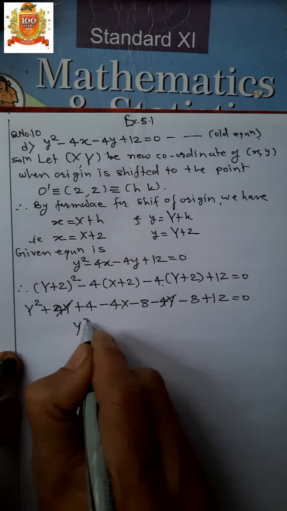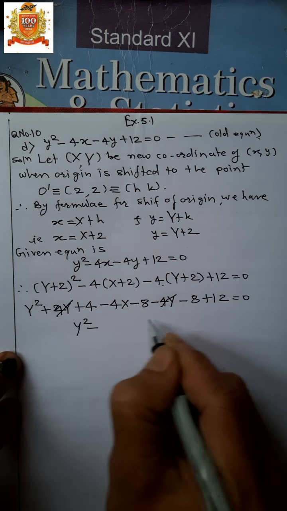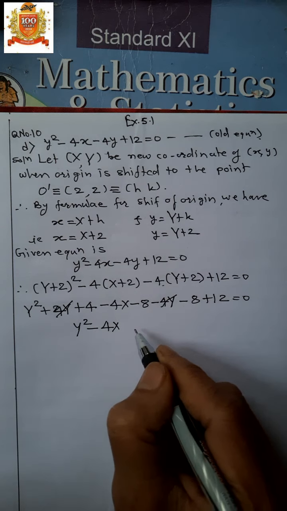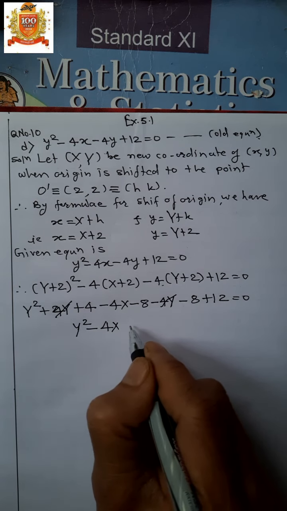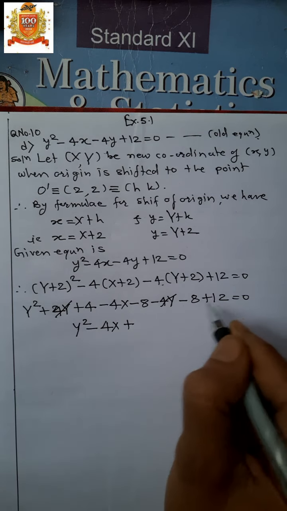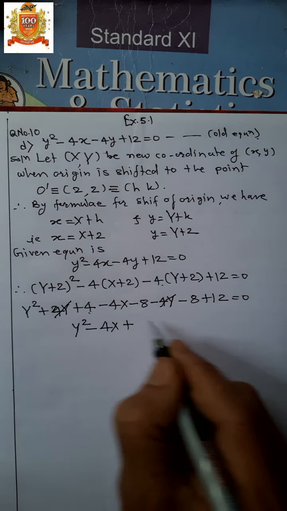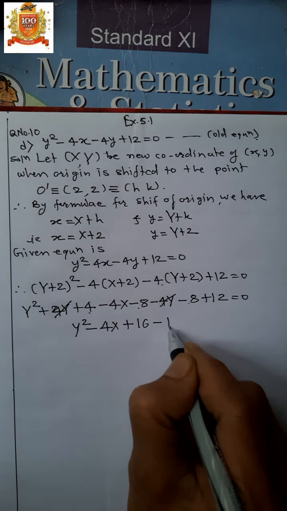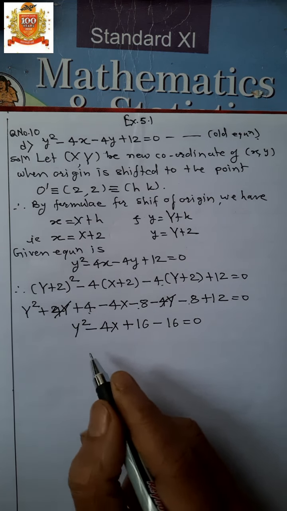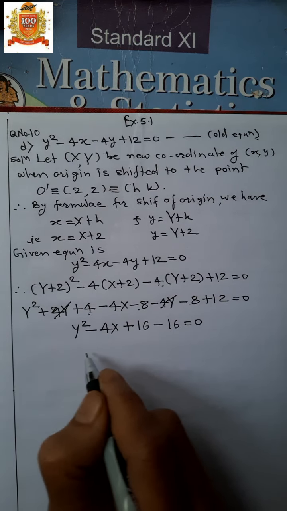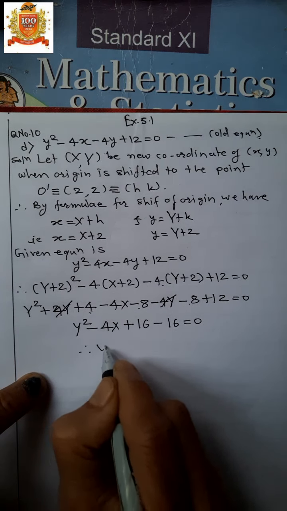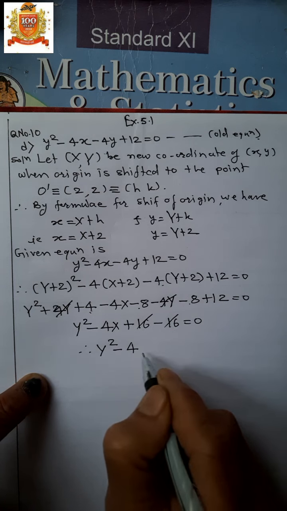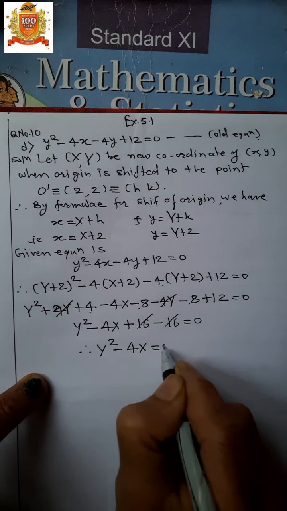Therefore, we have Y square minus 4X plus 12 plus 4, that is 16, minus 8 minus 8, 16, is equal to 0. Therefore, Y square minus 4X plus 16 minus 16 is equal to 0.